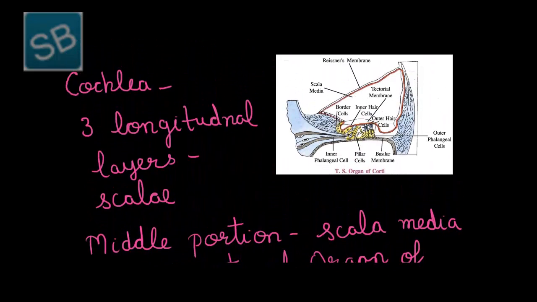Now, as it can be seen from the figure, this organ of Corti containing scala media possesses the topmost portion or the roof known as Reissner membrane and the bottom portion is known as basilar membrane.